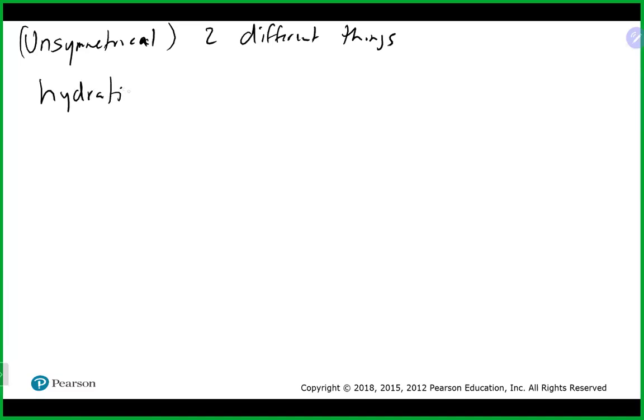There's also what is sometimes referred to as unsymmetrical addition. Unsymmetrical addition basically means we're adding two different things to the double bond. For example, one reaction is known as a hydration reaction, which means we're adding water.